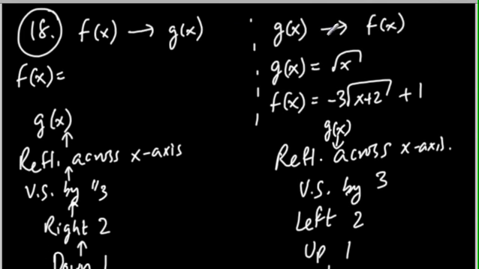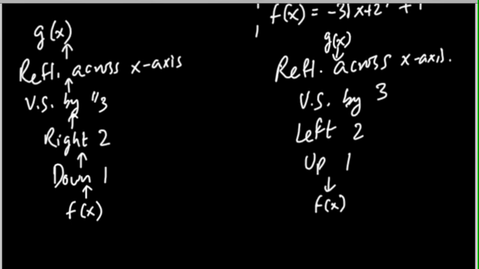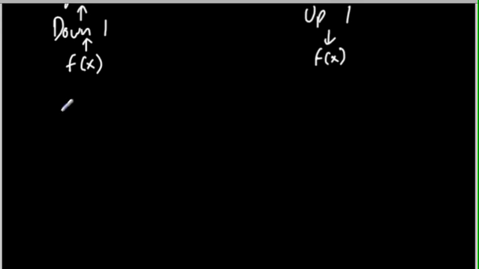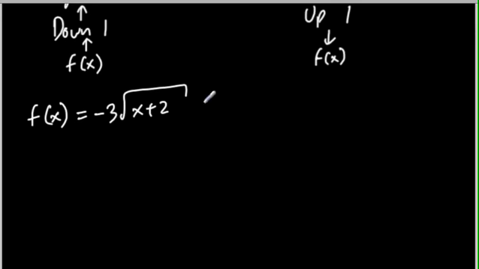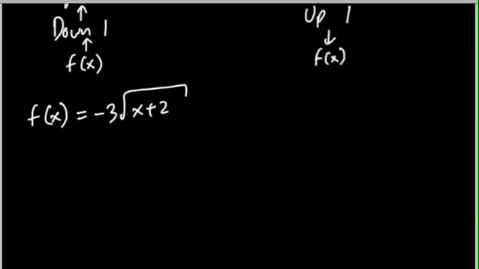We're trying to go from this transform function to the original function over there. So we'd have to do this reverse process. So let me write this properly. I'm trying to go from f of x, which is -3 square root of x plus 2. Was it plus 1 or minus 1? It was plus 1. And we're going from there to g of x, which was the square root function. So we have to go backwards.